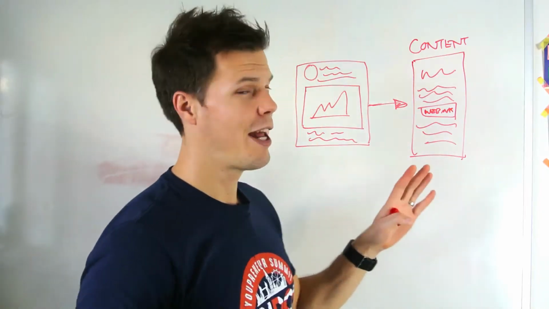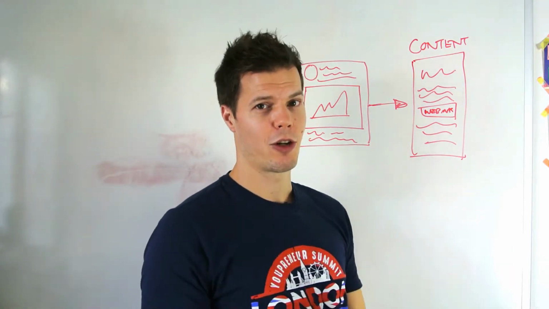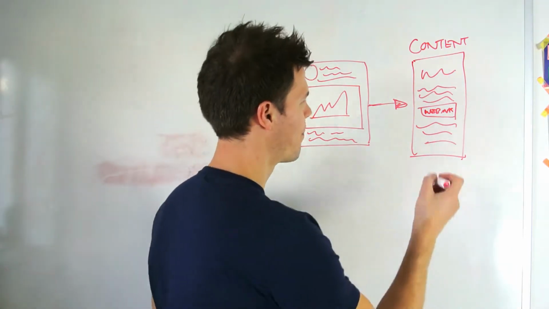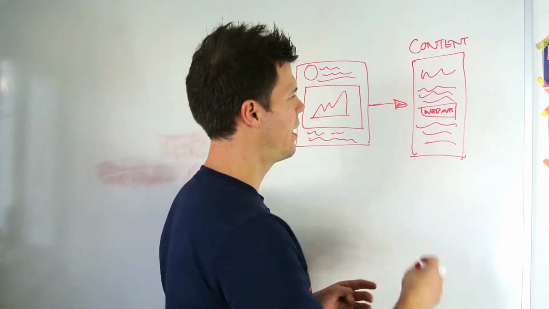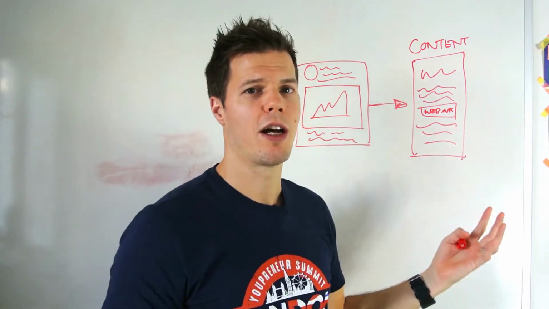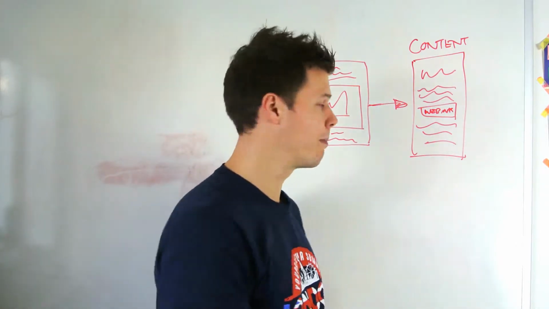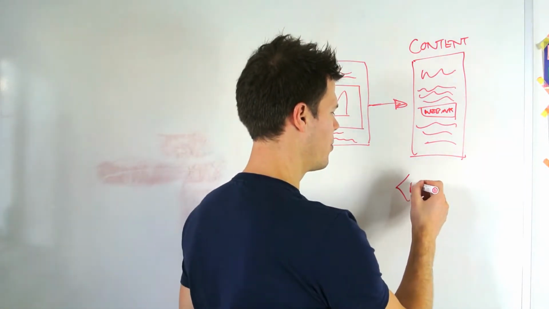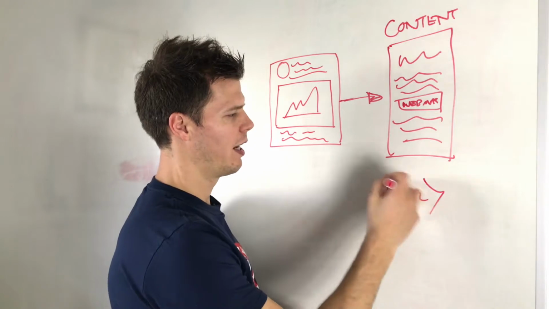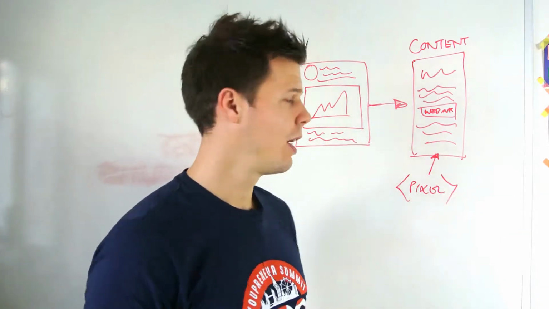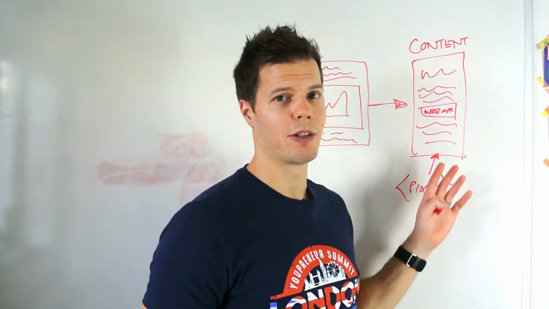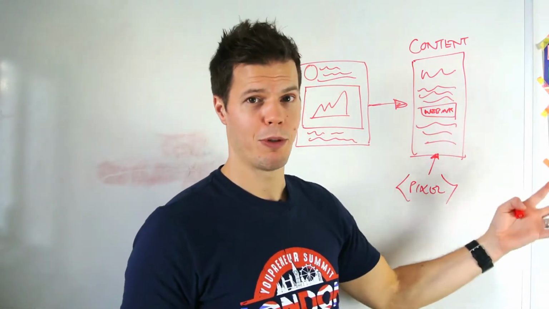Now, to go another step further and slightly deeper into this whole process, especially with the content method, if people read this content, you can start pixeling them through a Facebook pixel. That's a piece of code, a script that you put onto your blog or web page, and that puts a cookie or a pixel on their computer.